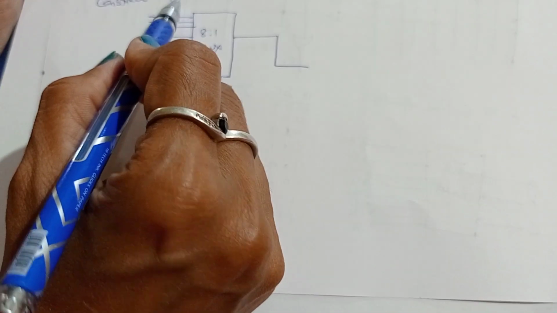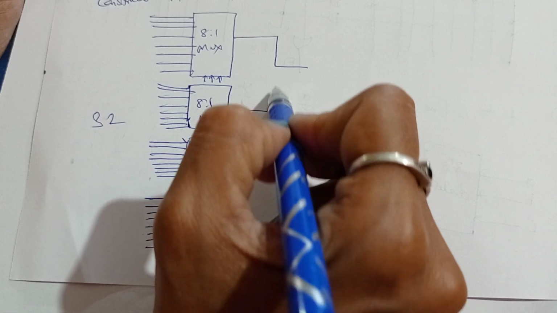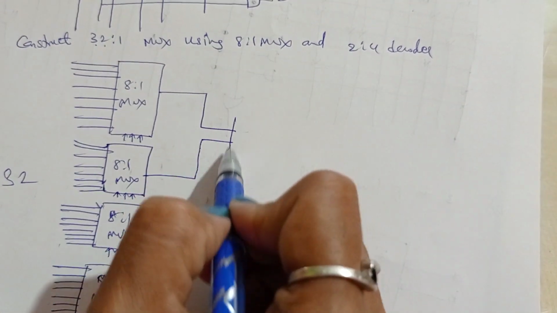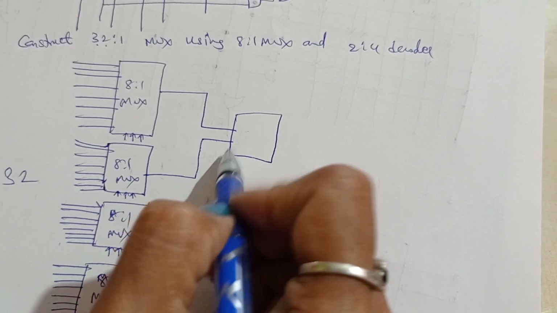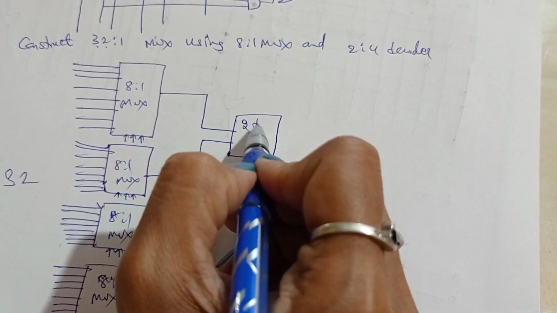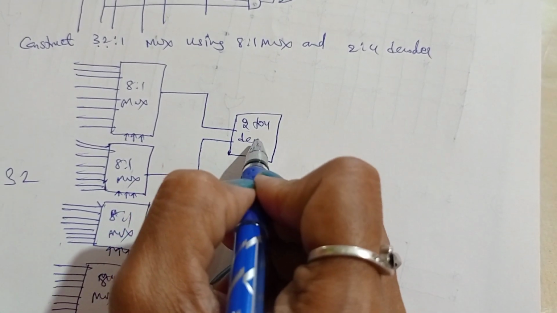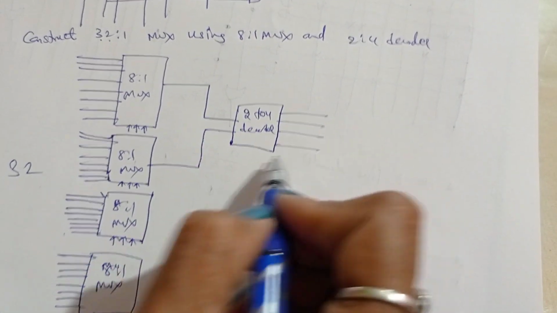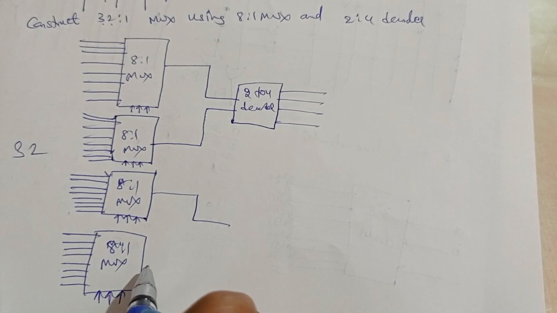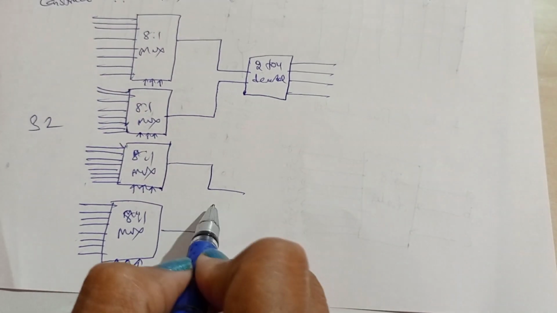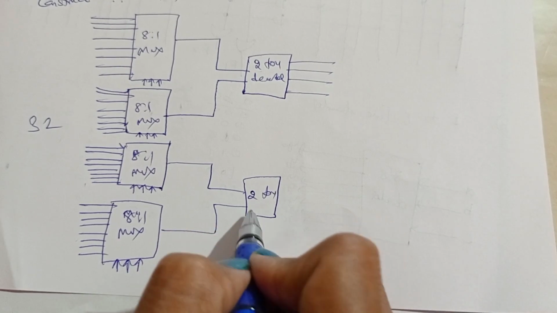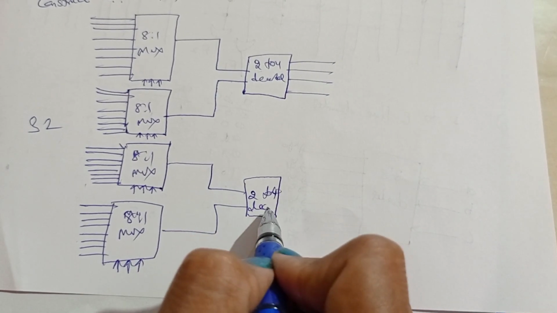Got the 32 inputs. Now for this, 2:4 decoder, with outputs 1, 2, 3, 4. Again for this, another 2 to 4 decoder.